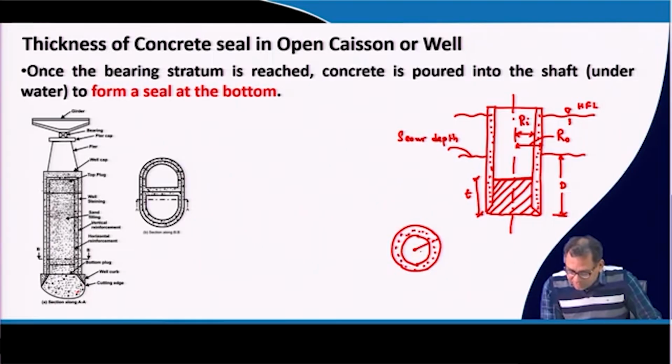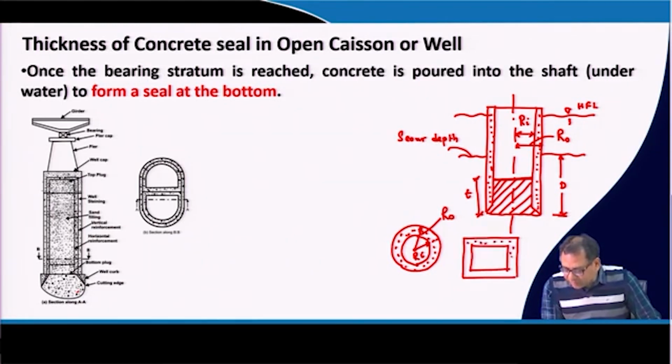This one is the inner radius R I and this one is the outer radius R O. It can be a rectangular cross section also.